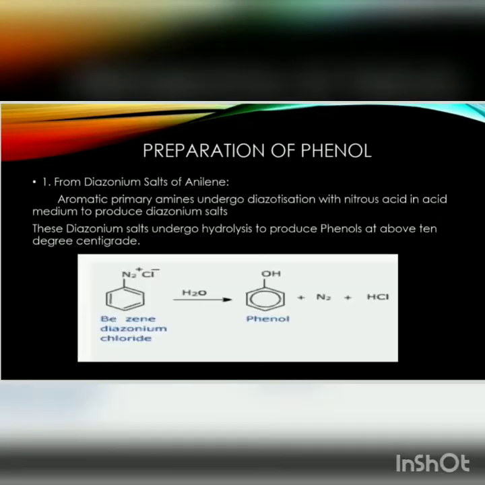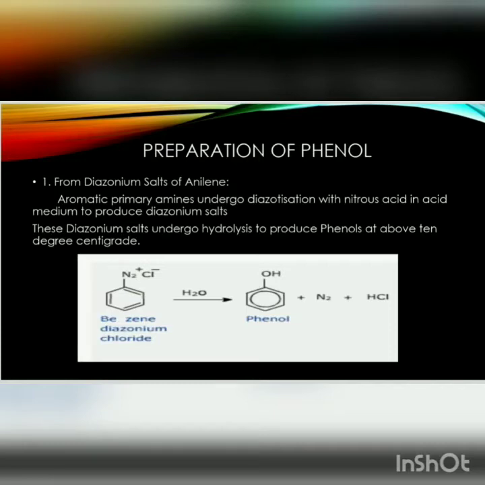Next one is preparation of phenols. We can prepare phenol from diazonium salts of aniline, second from benzene sulfonic acid, and third from cumene hydroperoxide. First one is preparation of phenol from diazonium salts of aniline. What is aniline?